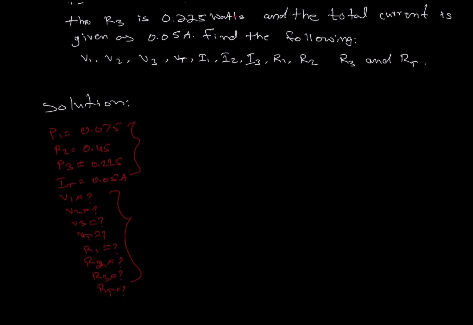We will draw the circuit later, but we can find PT, because we only have three sources of power and three places the power goes through, which are R1, R2, R3, and the powers are given at each point. So P1 plus P2 plus P3 will be equal to PT. Now let's add them together and see what we get. 0.075 plus 0.45 plus 0.225 will give me 0.75 watts.